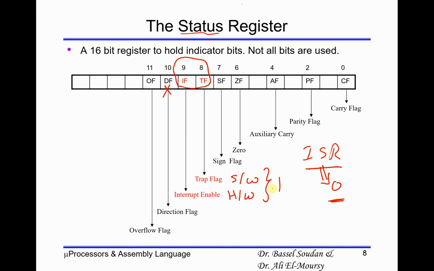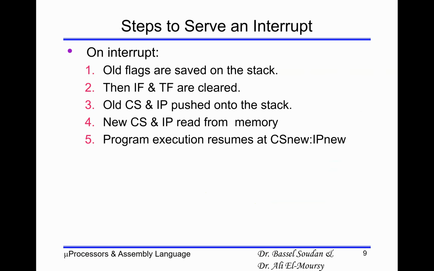So the first thing that the microprocessor should do once it wants to execute some interrupt is to reset those two flags to zeros. Now that we have explained the mechanism of the interrupt, we can go through the flow of operations, or steps, that the microprocessor should do on receiving an interrupt.